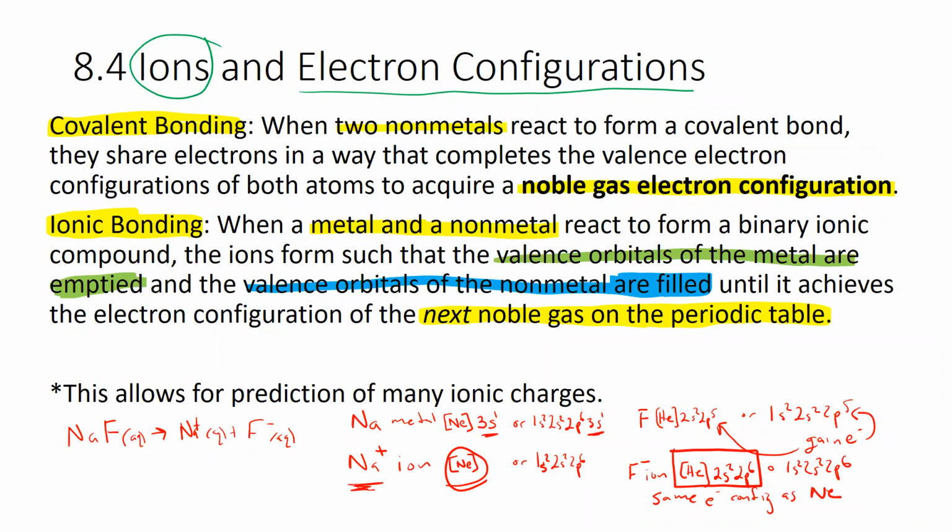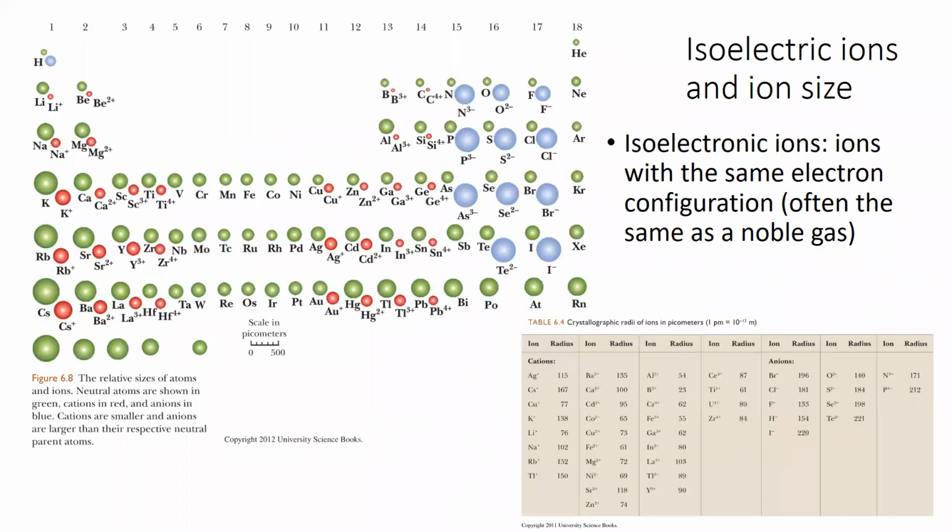Tomorrow we're going to understand how the fact that a cation has fewer electrons and an anion has more electrons relates to the size of the ions, and we're going to introduce this new thing, which is isoelectronic ions.